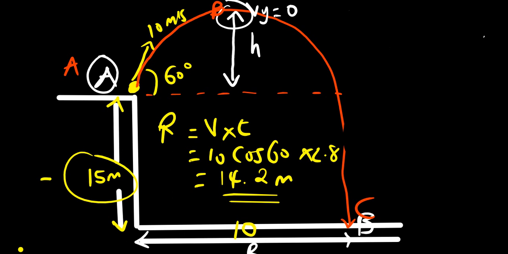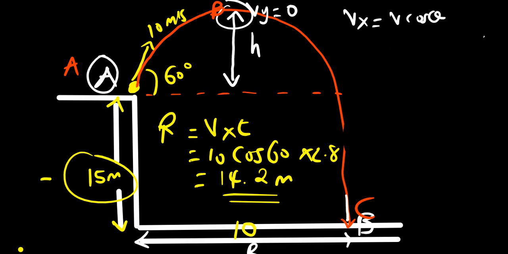You know that your Vx is just equal to V cos theta. We're going to find both in the x and in the y direction, because when it hits the ground there will be two things.